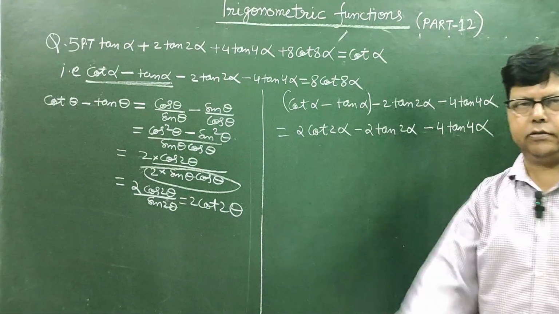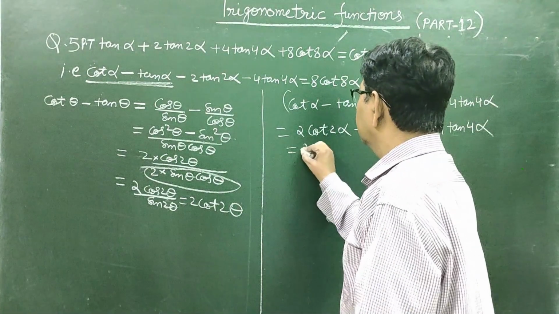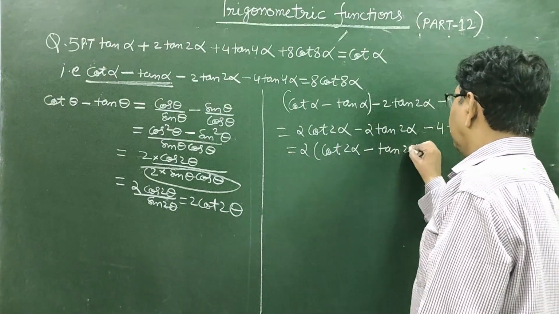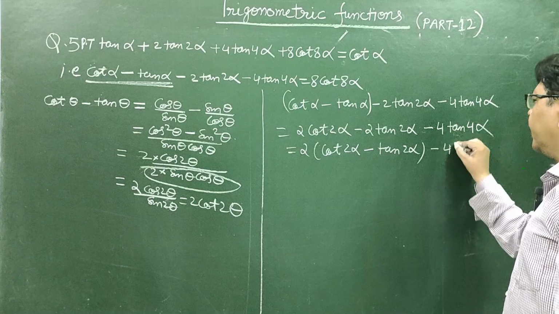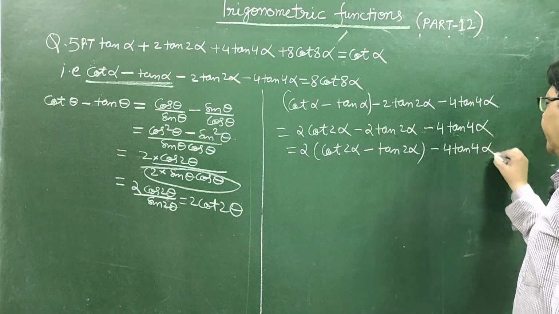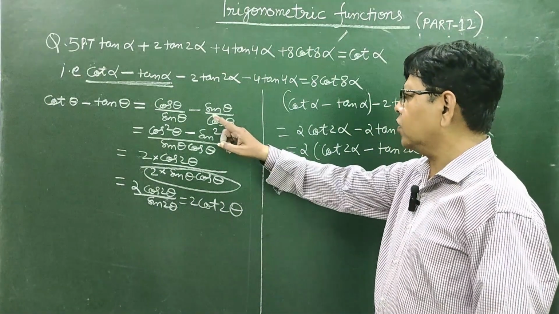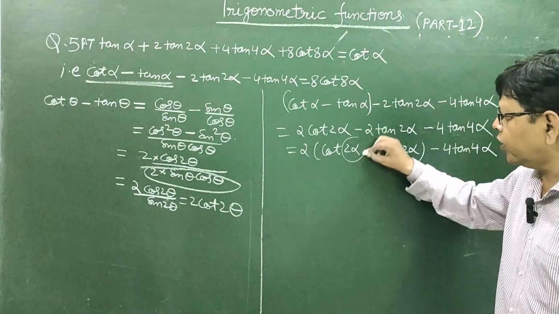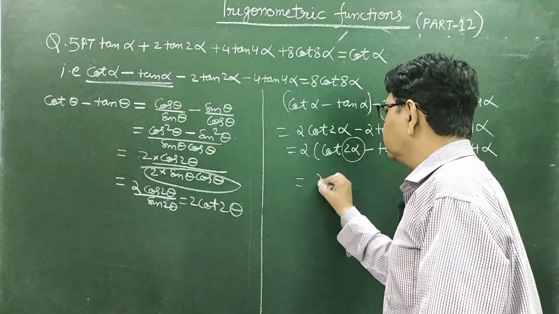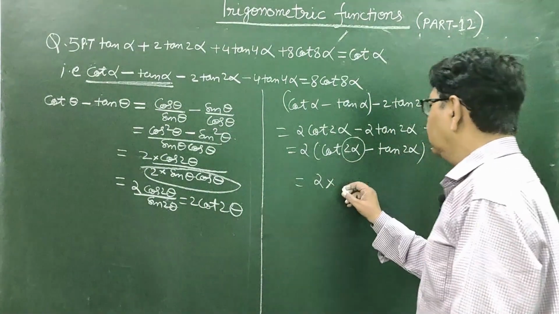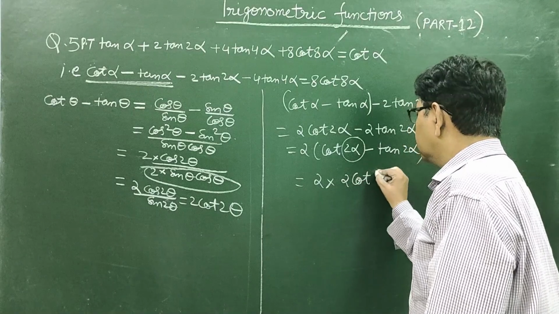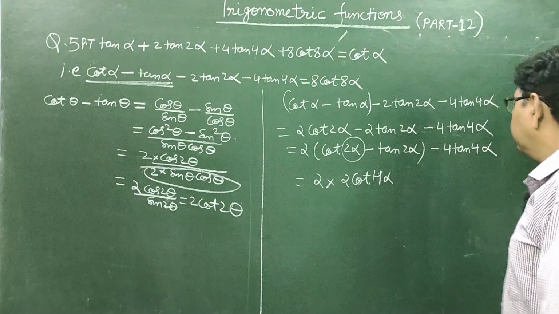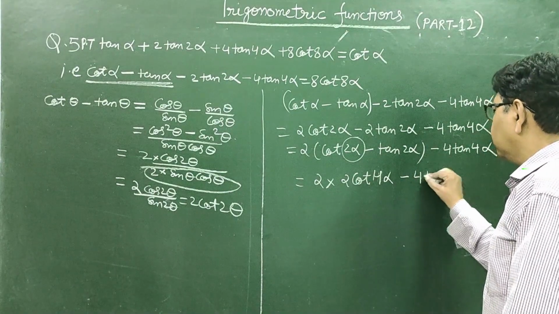Again, taking 2 common, cot 2 alpha minus tan 2 alpha minus 4 tan 4 alpha. Again using this identity, that cot theta minus tan theta is equal to twice cot of 2 theta, and here the theta is 2 alpha. So this is equal to 2 into 2 cot twice of 2 alpha, that is 4 alpha, minus 4 tan 4 alpha.